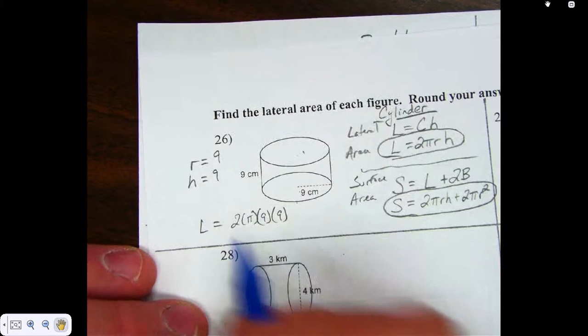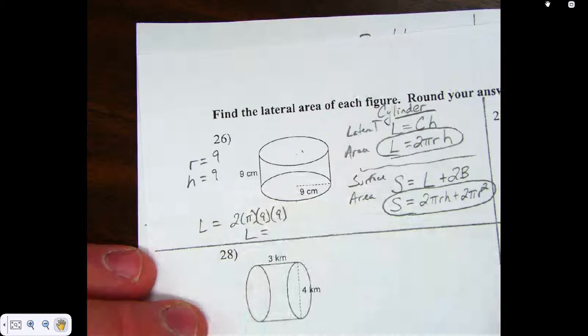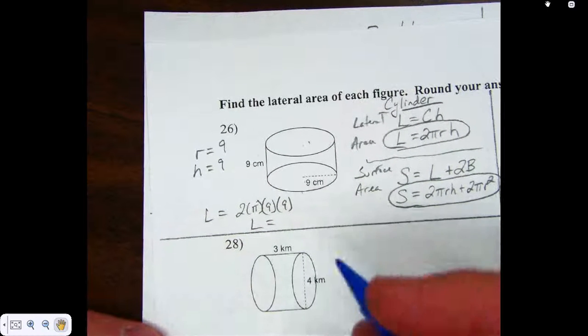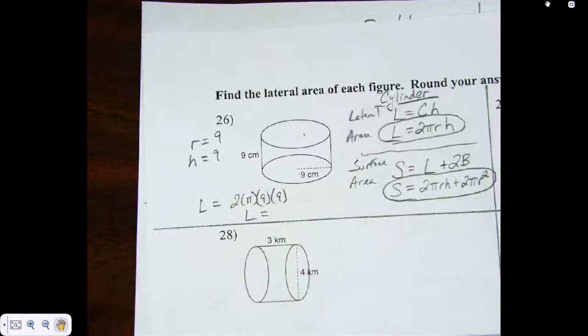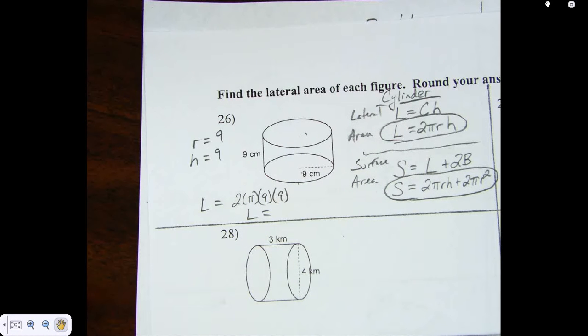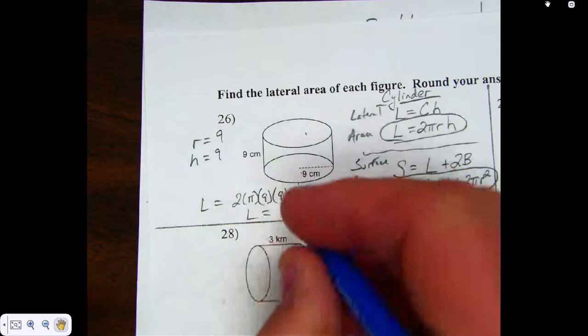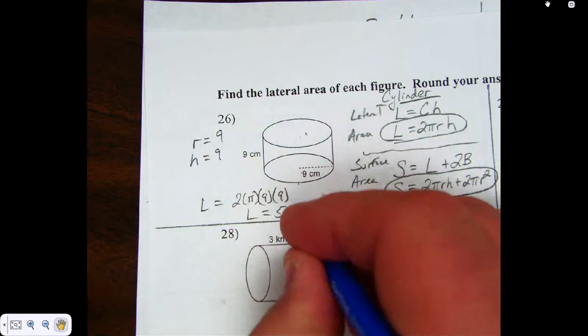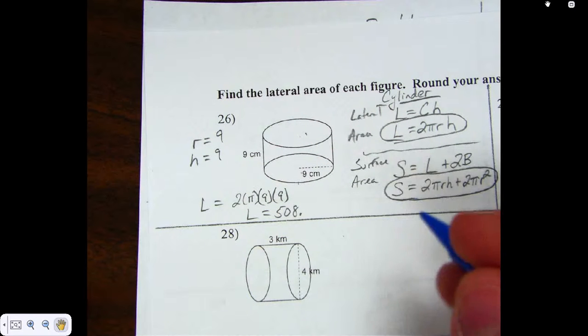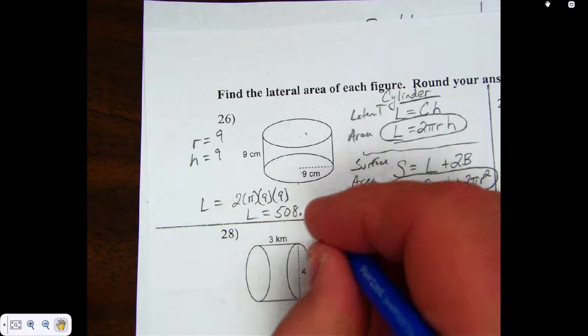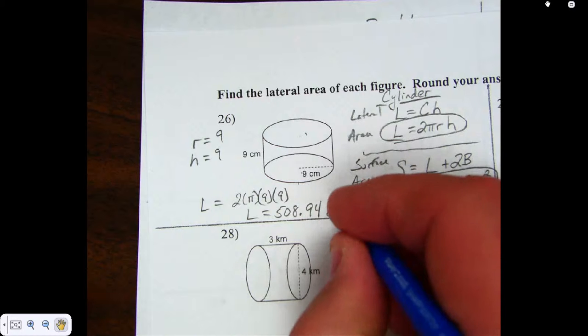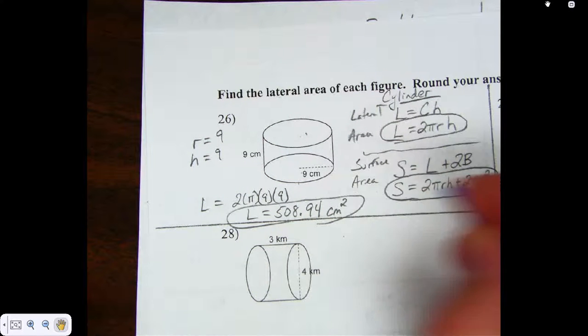It said round to the nearest hundredth, so you just put all that into a calculator. What do you guys get? 2 times pi times 9 times 9. Centimeters squared.